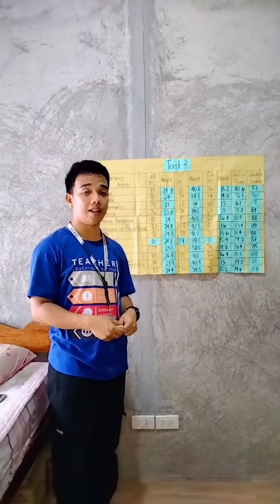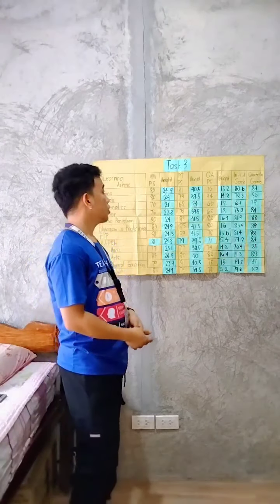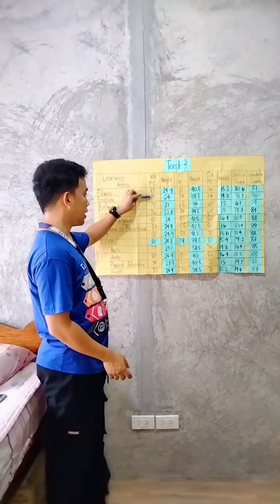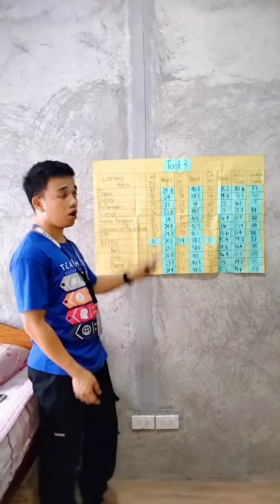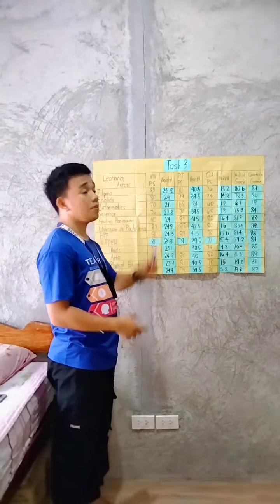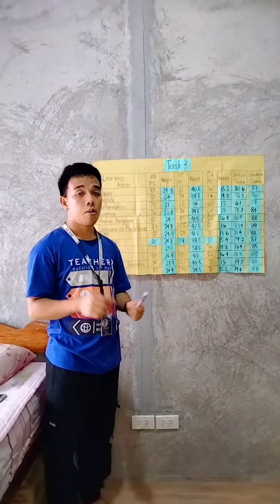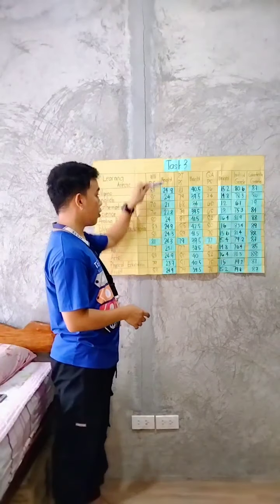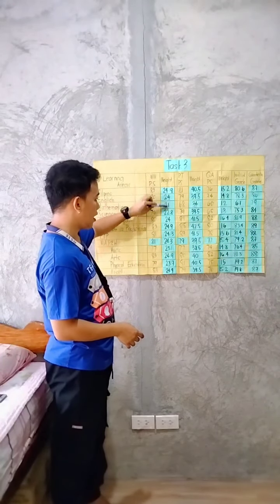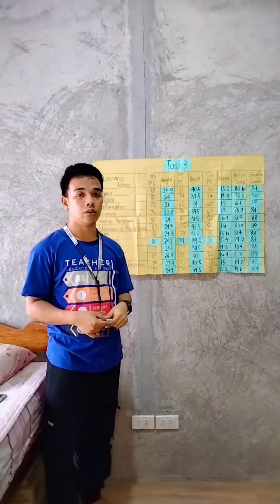To calculate Alden's percentage score in his first quarter. For the written work, here are his scores. All we need to do is multiply the written score by 0.3 to get the weighted score. So, here is the weighted score of Alden in his written work.